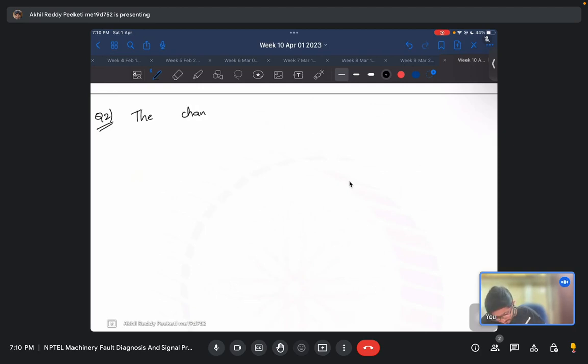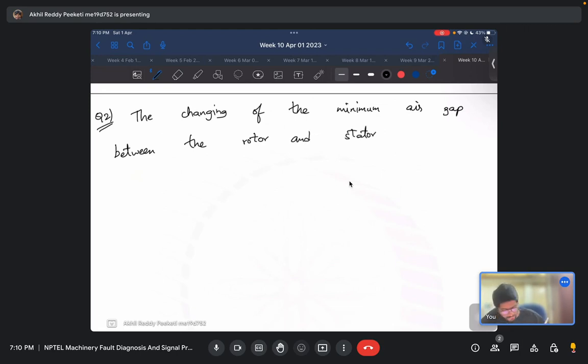So the changing of the minimum air gap between the rotor and stator will cause faults. True or false?